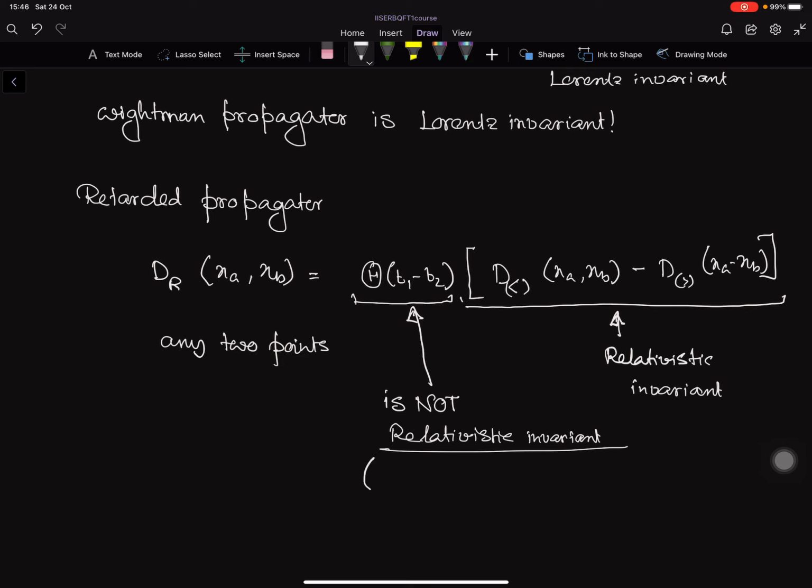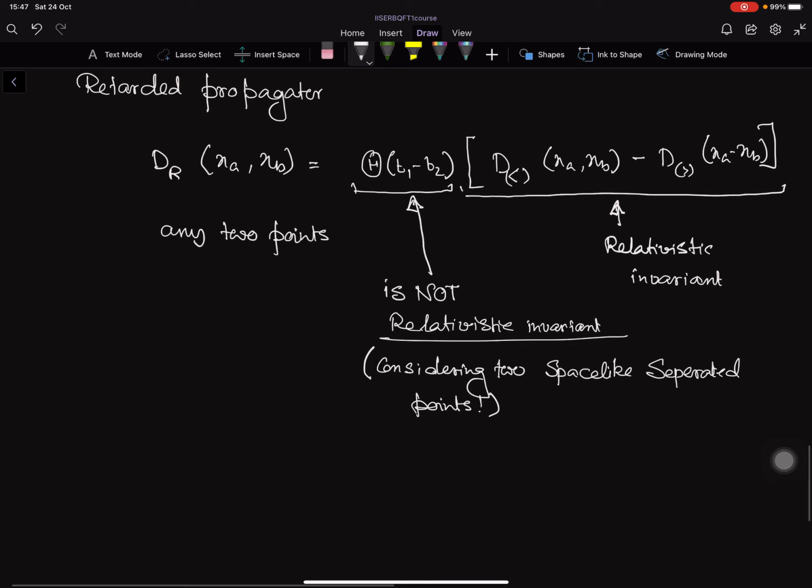This can be justified by considering two space-like separated points. Which means that the retarded propagator is not Lorentz invariant.